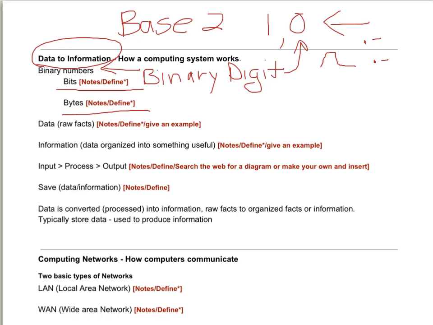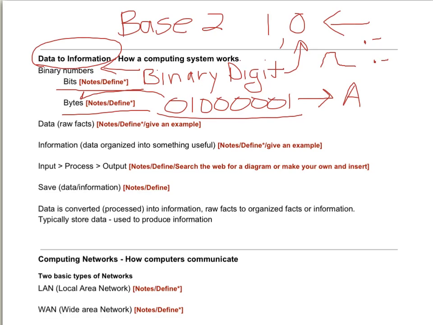But if we take a group of bits, for example, this group, that group of bits, if using the ASCII code, would represent, I believe, a capital A. So 8 bits typically gives us a byte of information. Why is that important? Well, 2 basic areas.